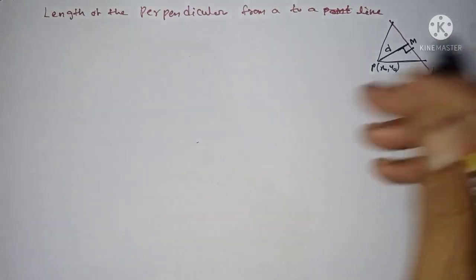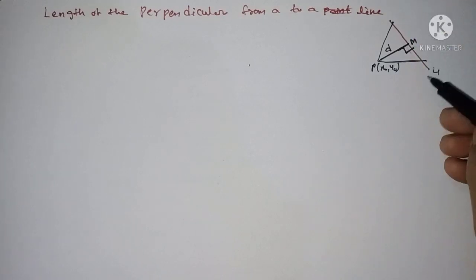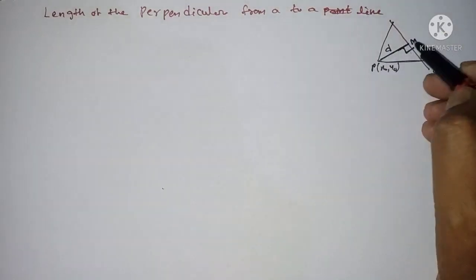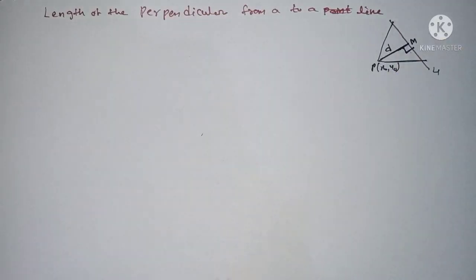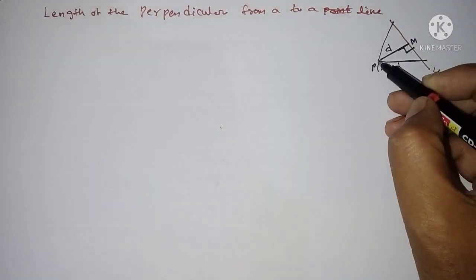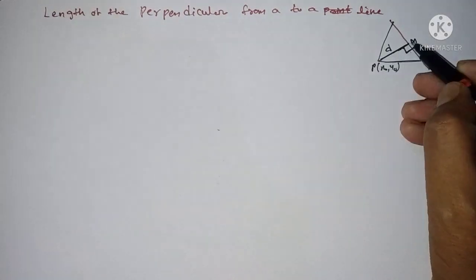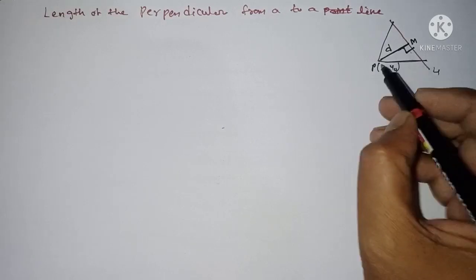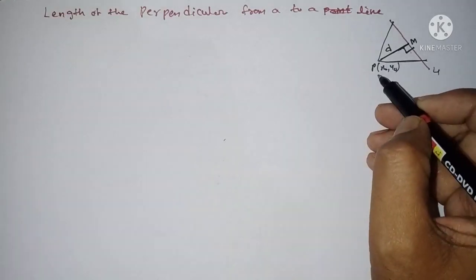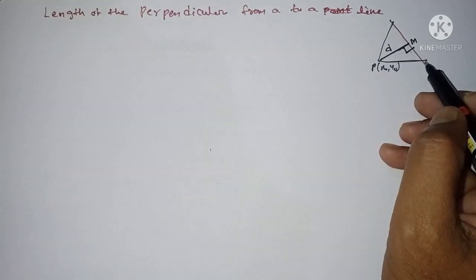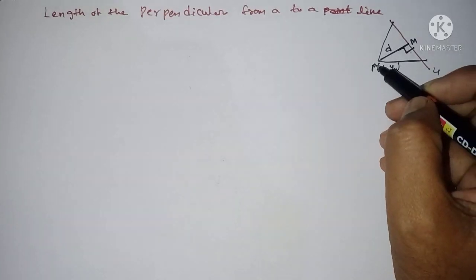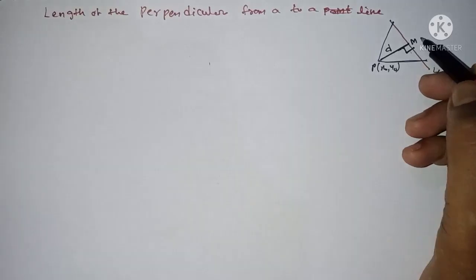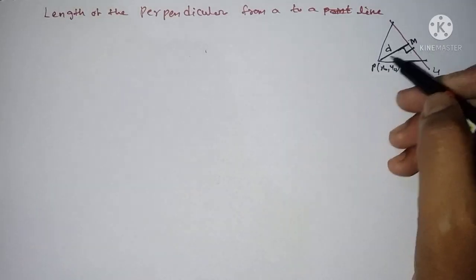Here also it is not the distance. Any two points also have a distance, but it is very different. Only P to M, the perpendicular, is called the perpendicular distance PM, or D.